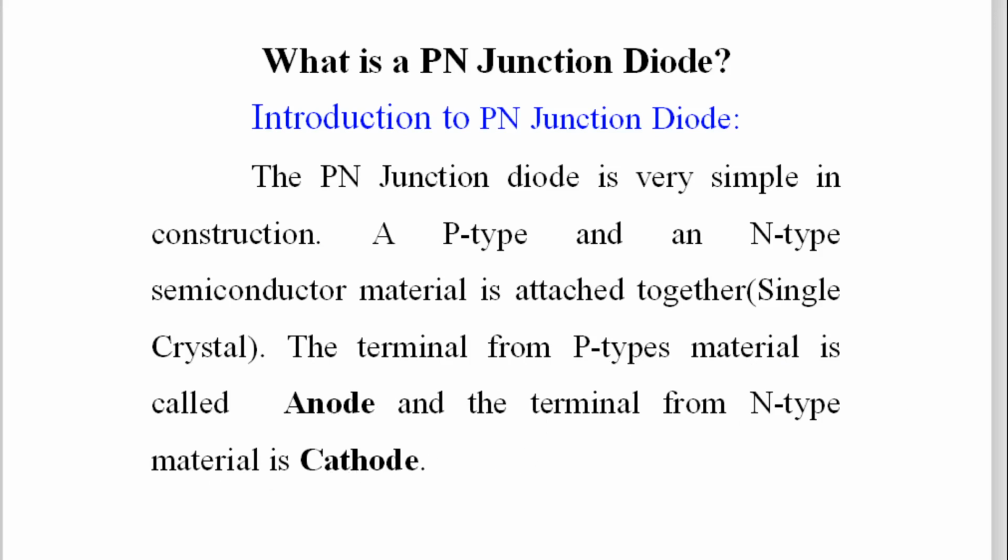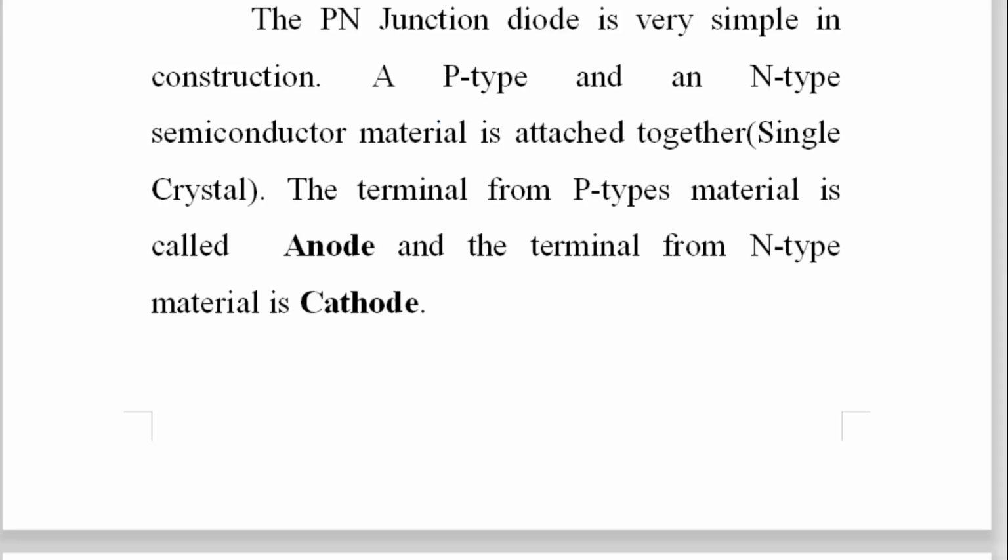So we are going to study each and everything in detail, but this is just a simple introduction about what a PN junction diode is. It is a simple combination of P-type semiconductor material with N-type semiconductor material, and the terminal taken from the P-type material is called the anode and the terminal taken from the N-type material is called the cathode.